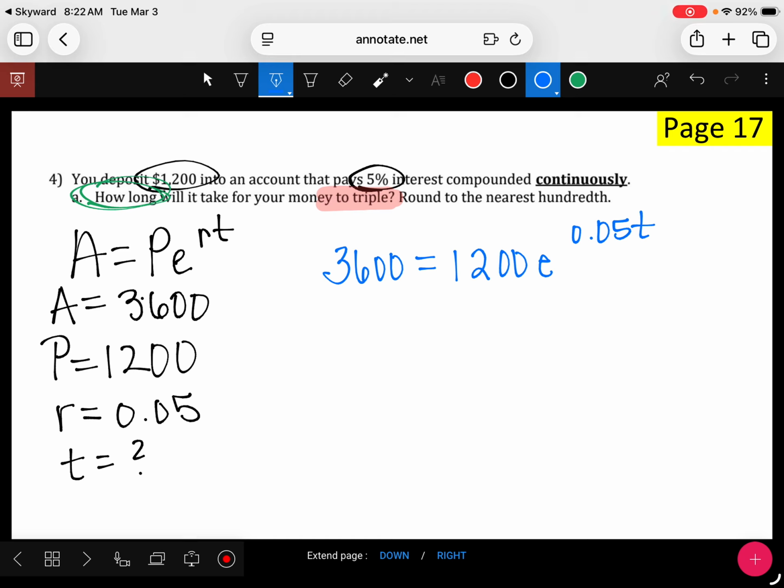First step, divide 1,200. Second step, put in a natural log. Third step, divide by 0.05.